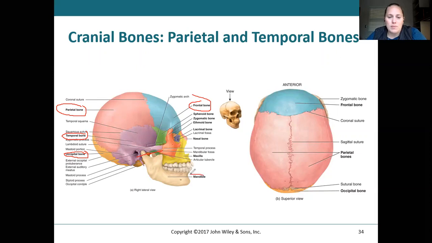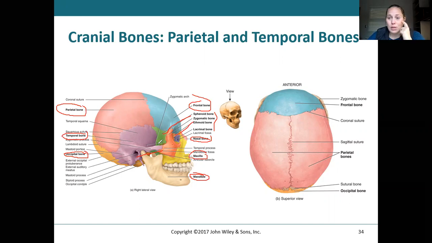What else do we need here? We've got our mandible, and we'll talk about our mandible more in depth later. Your maxilla, the nasal bone, and then here we've got our lacrimal, ethmoid, zygomatic, and sphenoid bone, all from the lateral view. So here you can see just the sphenoid bone. When we go through a different plane and cut through the center of the skull, you'll get to see in depth the structure of both the sphenoid and the ethmoid bone, because they've got some really interesting internal structure.